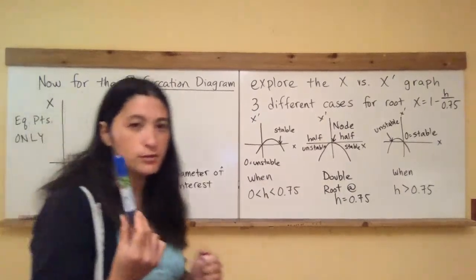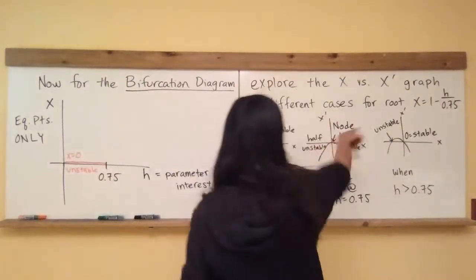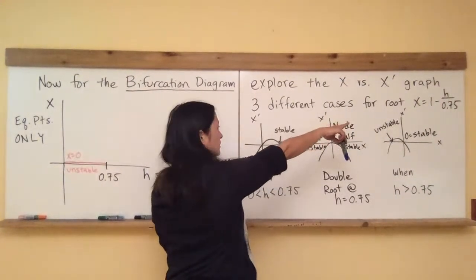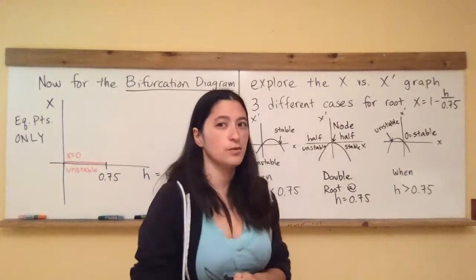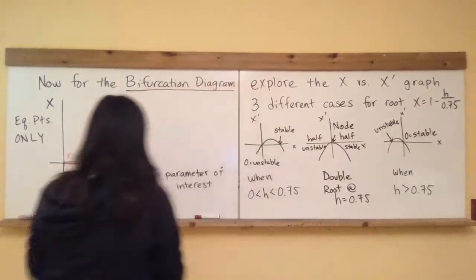Okay, now with my blue pen, I'm going to try to draw the stable equilibria, and that is going to be located at (1 minus h) over 0.75. Okay, all right.